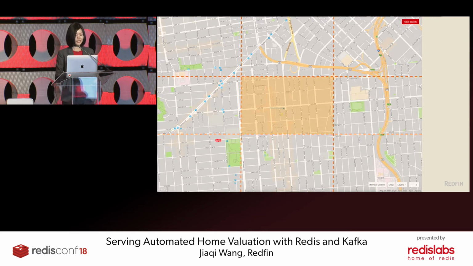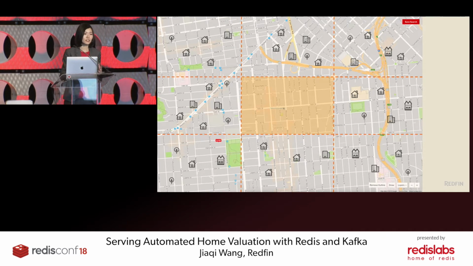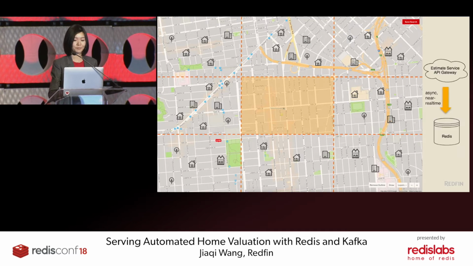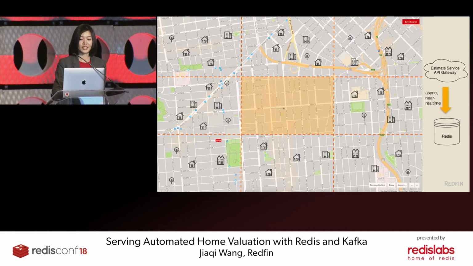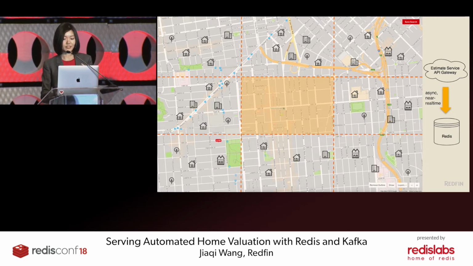We first identify all of the neighboring tiles of the orange tile. We then find all of the properties that are not on the market for sale on these neighboring tiles, prefetch the estimate values for those homes, and populate them into the Redis cache in a non-blocking background process, a process that is supposed to happen really fast.